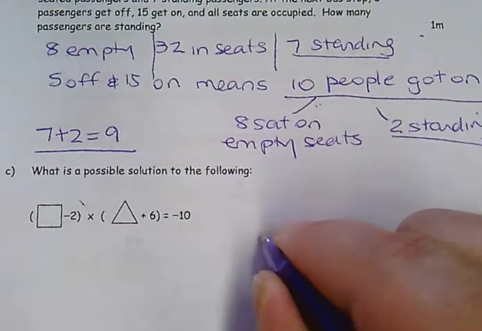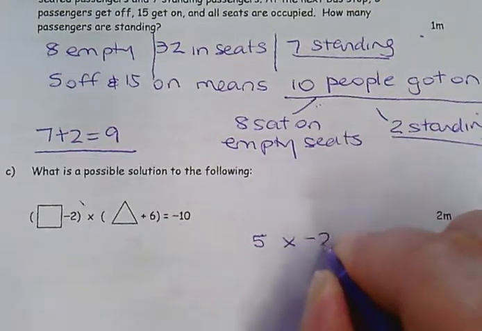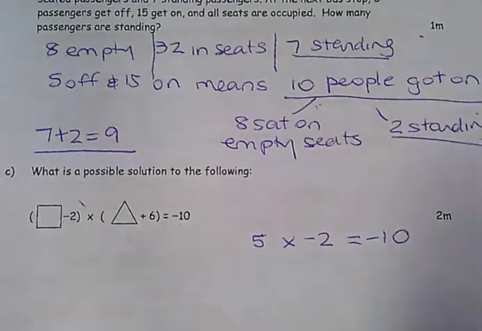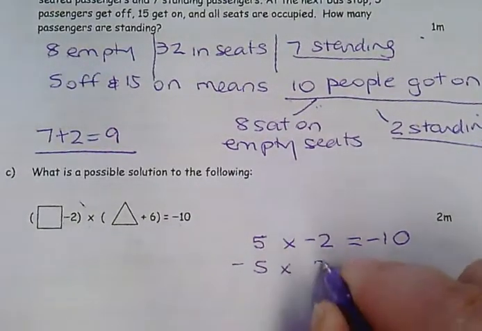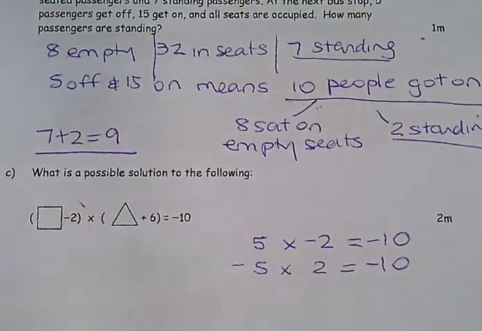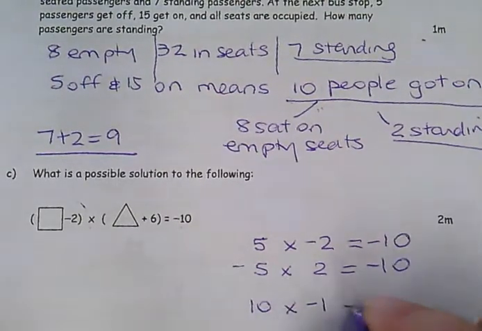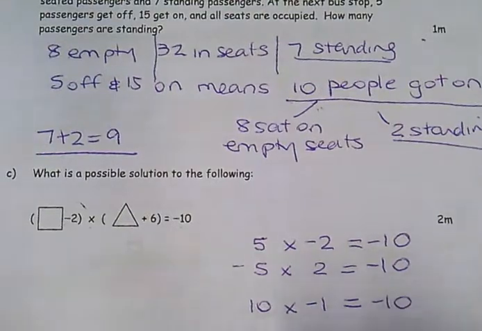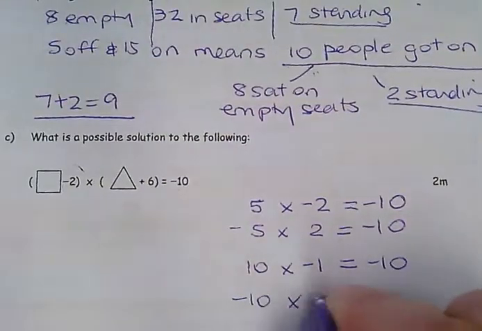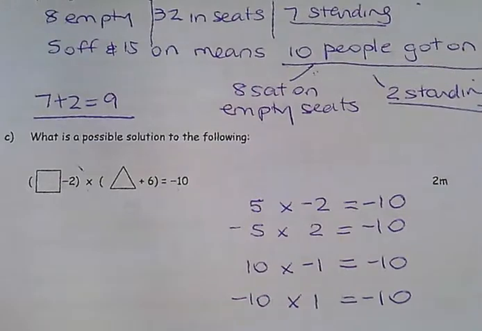You could have 5 times negative 2. That gives you negative 10. Or you could have negative 5 times 2 gives you negative 10, because a positive times a negative is negative. Or you could have 10 times negative 1 would give you negative 10. Or you could have negative 10 times 1. That would also give you negative 10.